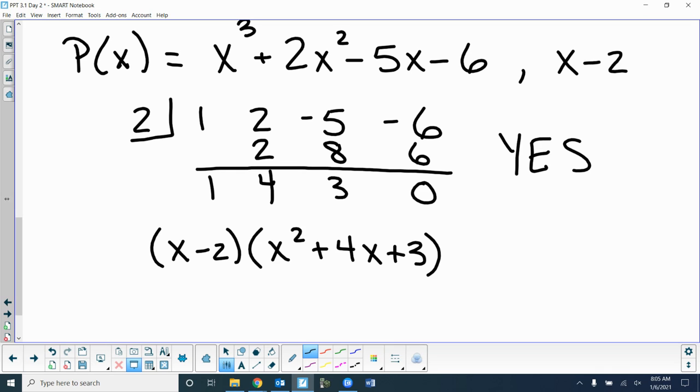Okay, it's going to say verify that this binomial's a factor, so you'd have to do your synthetic and show that it's equal to 0. So that's the first part, that's the verification part. Then the second part is write it as the product of the binomial and the reduced polynomial. This is the reduced polynomial. Remember, if it starts with x cubed, then this one's x squared. If that started with x squared, then that would be an x. So there's one less when we start that up.